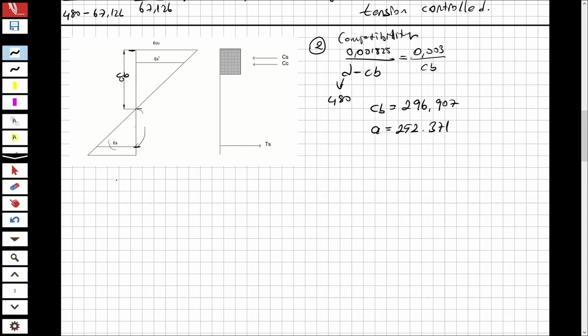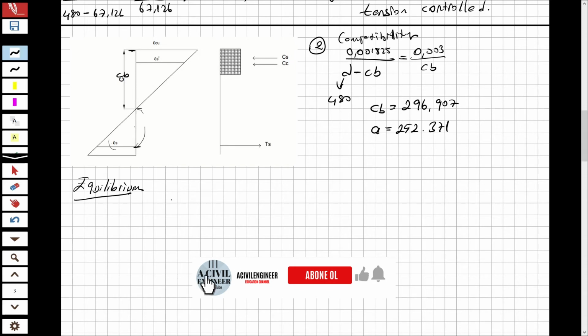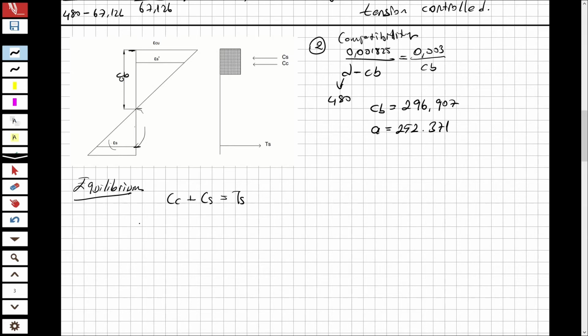So let's write an equilibrium and determine the balanced steel area. For the equilibrium, it will also be the same. Look at here, Cc plus Cs equal to tension steel. So 0.85 multiplied with fcd. What is fcd? 16.66 multiplied by bw 300 and multiplied with a. What is a? 252.371.